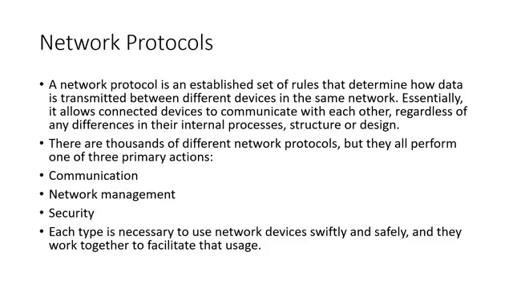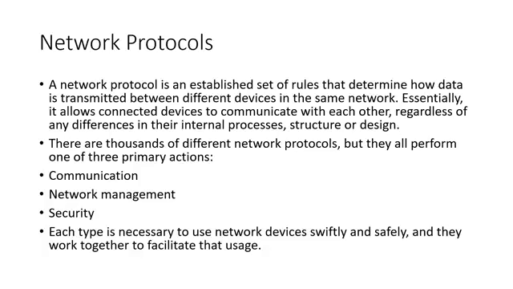There are thousands of different network protocols, but they all perform one of three actions. Some protocols allow you to communicate. For example, the internet protocol, IP, allows you to communicate. There are some for network management, like SNMP, Simple Network Management Protocol, which allows you to manage the network. Then there are protocols for security, like SSL and TLS, which ensure that there is security on the network.